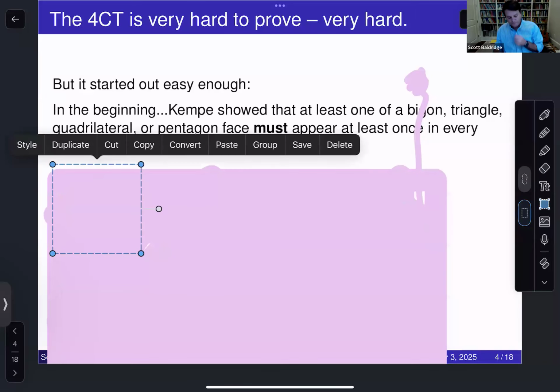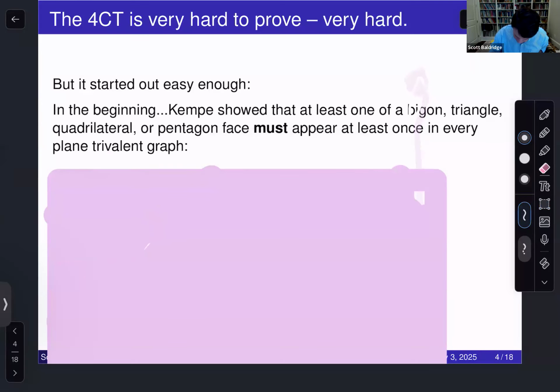So in the beginning, Kemp showed that there was always at least one bigon, trigon, quadrilateral, or pentagonal face that must appear in every trivalent graph.